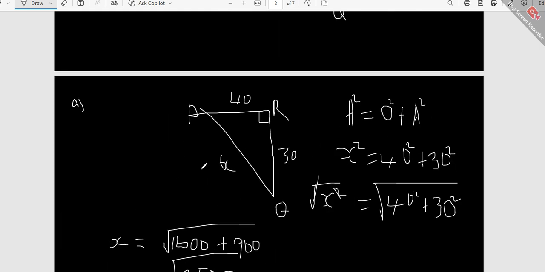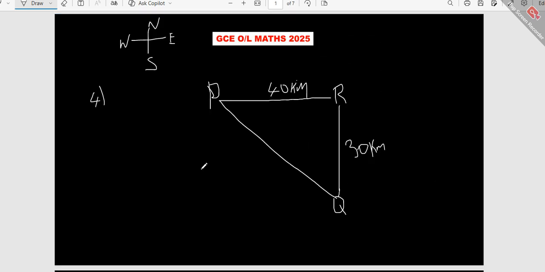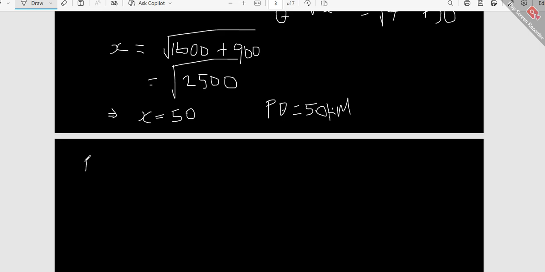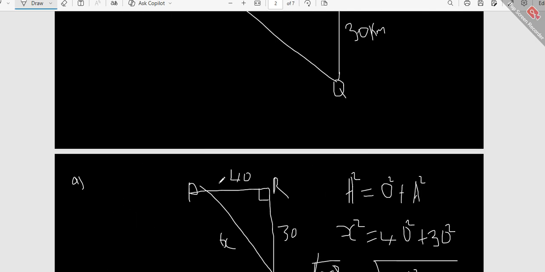Alright, now question B says we should look for the angle QPR. Whenever they ask you to look for this, it means you are looking for the angle of the middle letter, which is P. Your focus is on P, so we are looking for this angle. We call it theta.